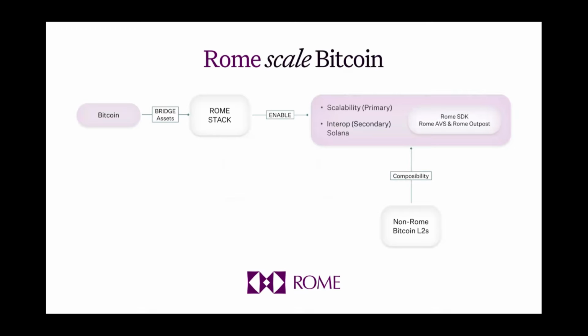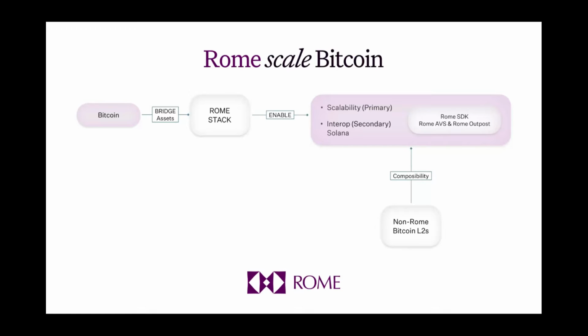That locks the BTC into a multisig wallet, and the same amount of BTC is pre-minted as wrapped BTC on top of ROM L2, and that ROM Bitcoin L2 accesses the entire liquidity of ROM. That's how we are enabling Bitcoin, and this is one of our biggest products, and it brings huge use cases for people out there.